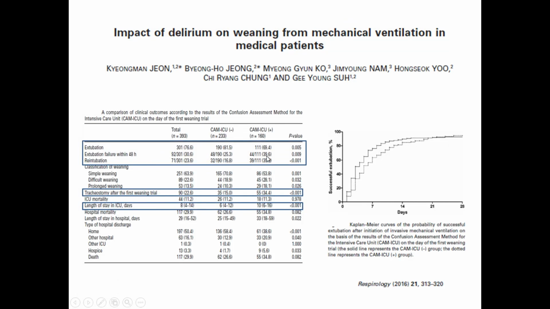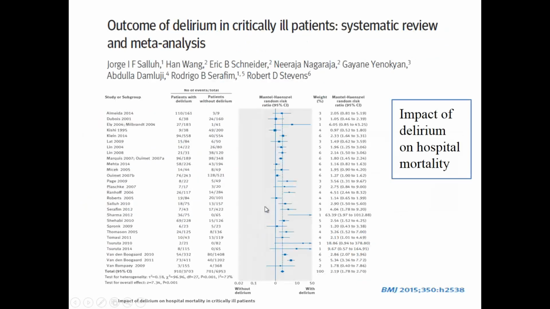Extubation failures were more common in those who had been diagnosed with delirium. And reintubation rates were actually higher in the delirium population as well. Tracheostomies were more common in patients who had an episode of delirium. And of course, as we talked about, lengths of stay longer in those delirious. So really, the consequences are really quite impressive in terms of mechanical ventilation.